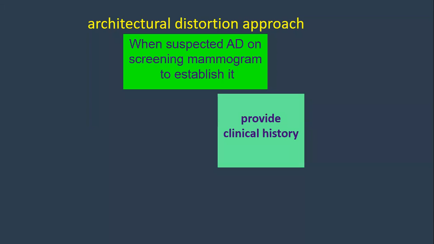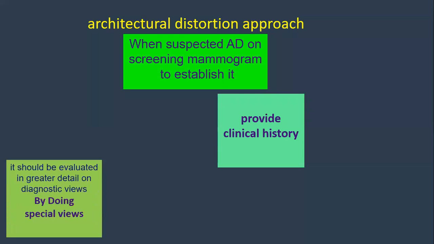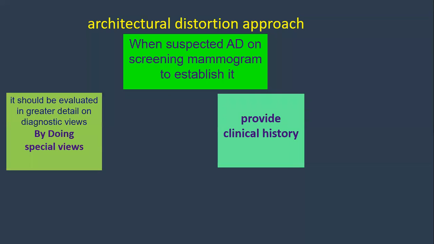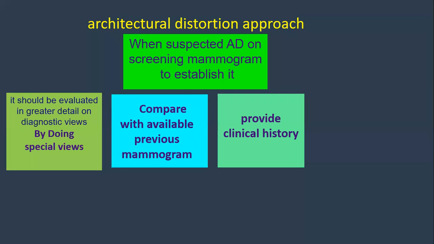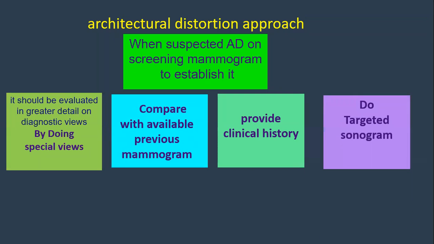Any clinical abnormality is essential. Then you should evaluate it in greater detail on diagnostic views by doing special views to make sure it is a real architectural distortion, compare it with the available previous mammogram, and then do a targeted sonogram.